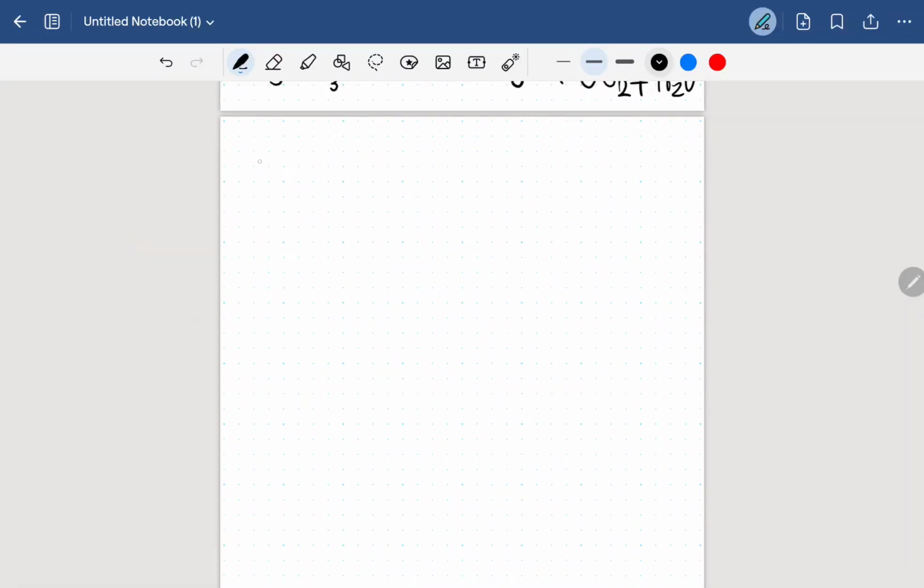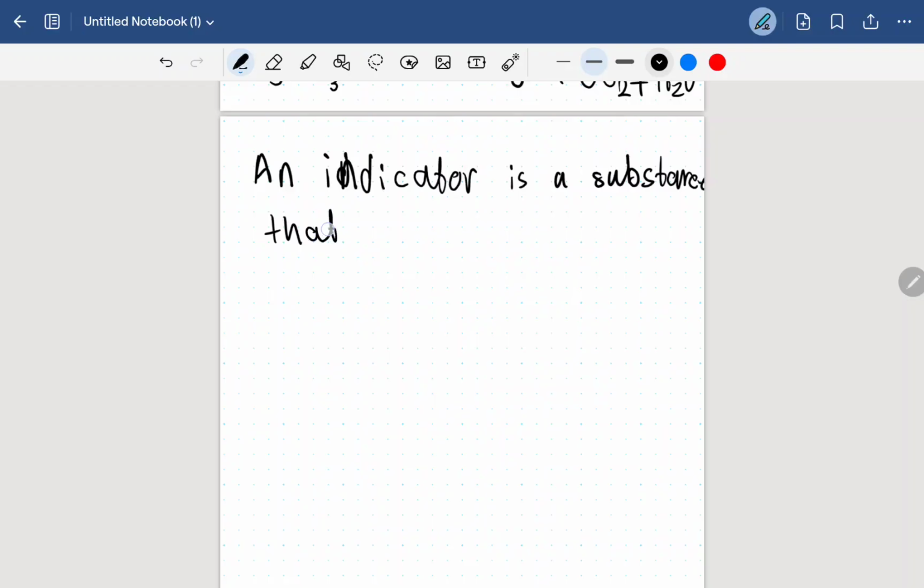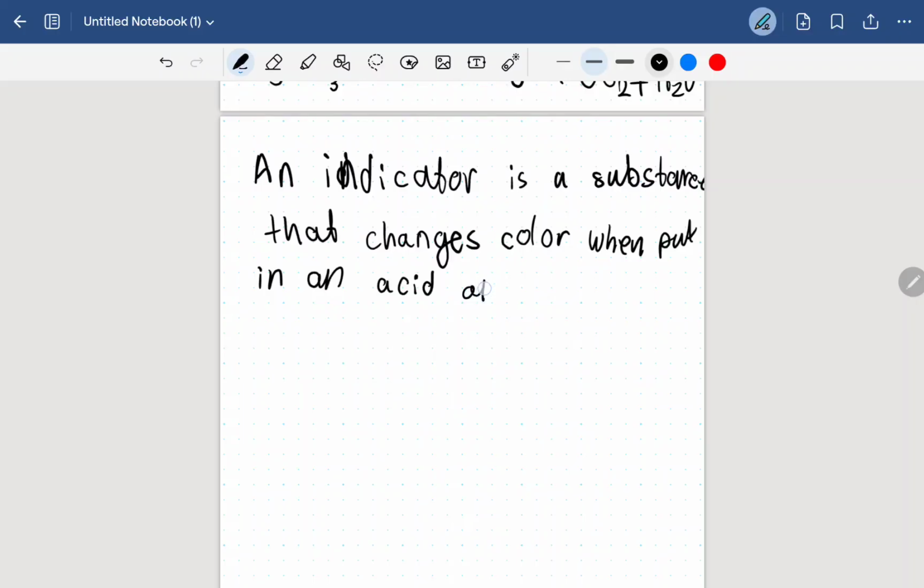Now, an indicator is a substance that changes color when put in an acid or base.